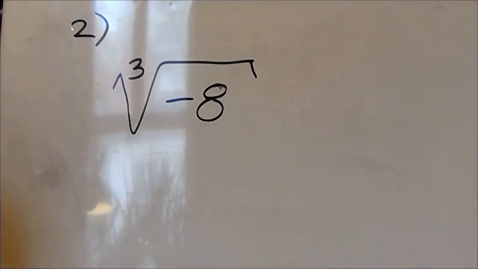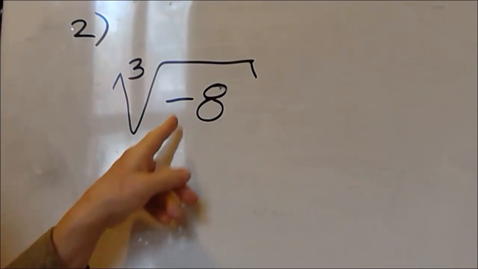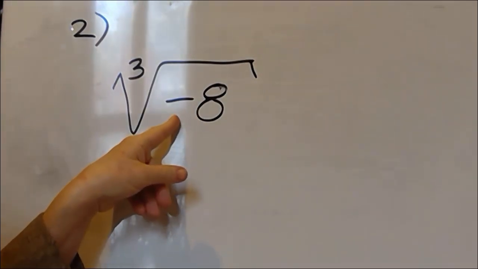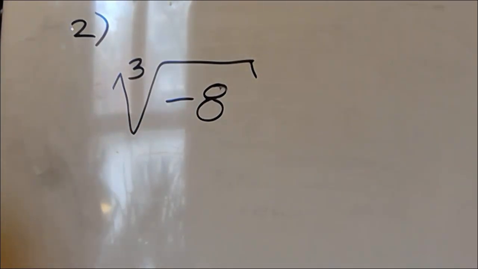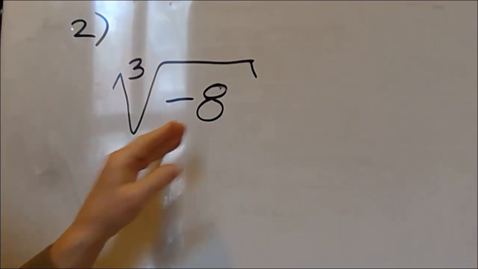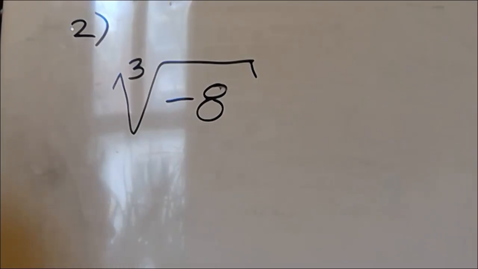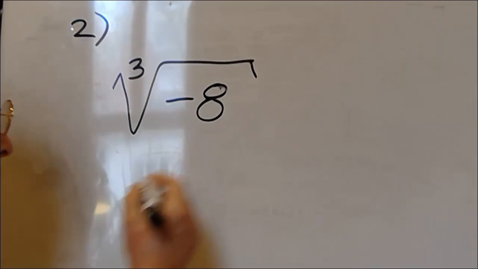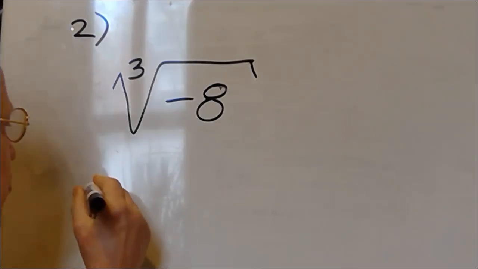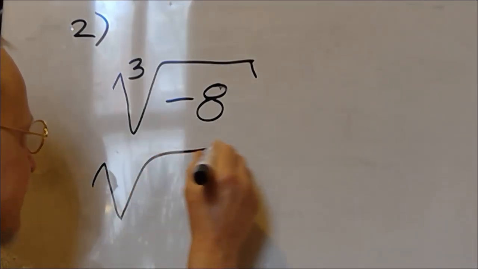And you'll say, but Professor, didn't you say we can't have a negative radicand? Well, in this case, that really is only for square roots. When we have an odd root, yes, we can have a negative sign. The reason we can is we can look underneath the radical.